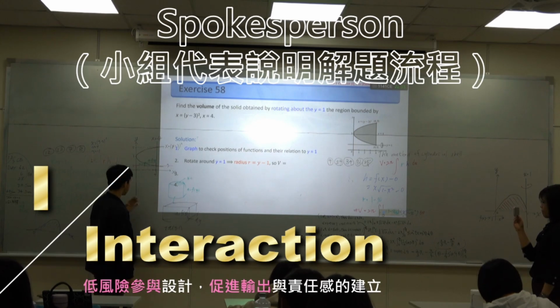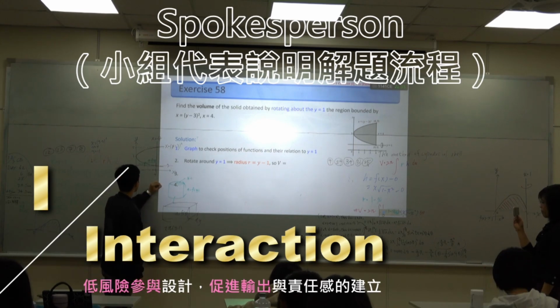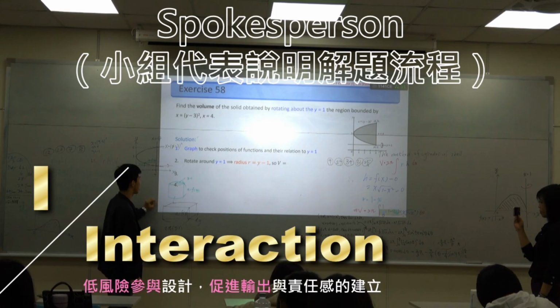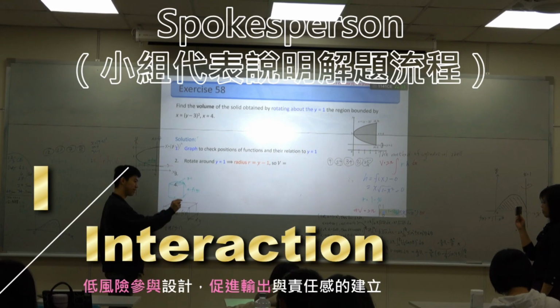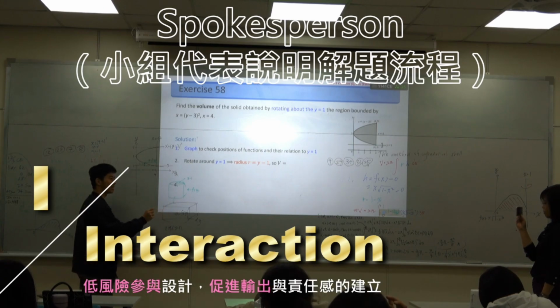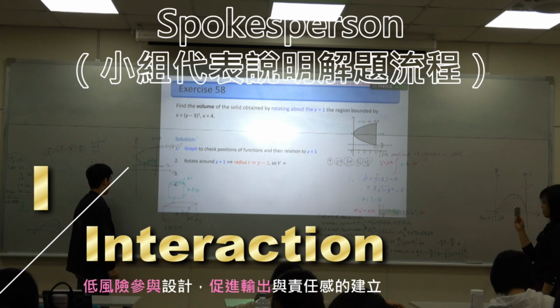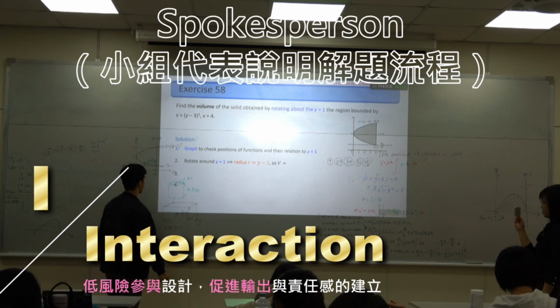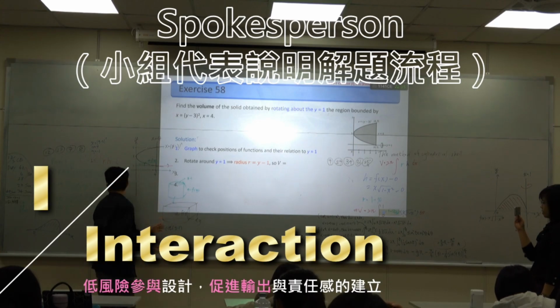So the radius is y minus 1, and the height is 4 minus f of y. And also, I'm talking about the thickness, the thickness is dy. So the hollow cylinder we cut and expand.